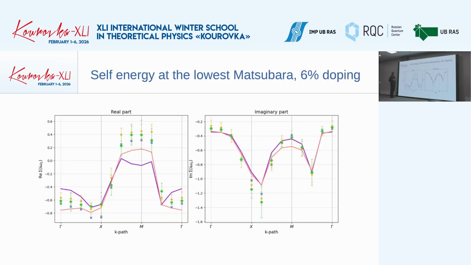Well, these are very interesting plots. This is the same self-energy at the lowest Matsubara, but for the 6% doped system, beta equal 5. Why are these curves interesting?